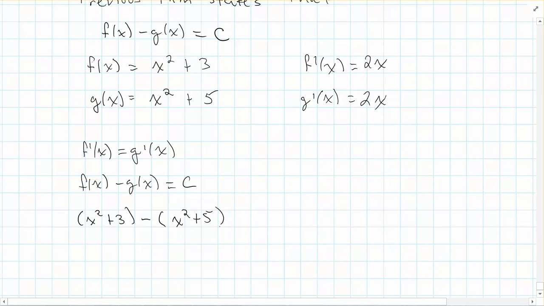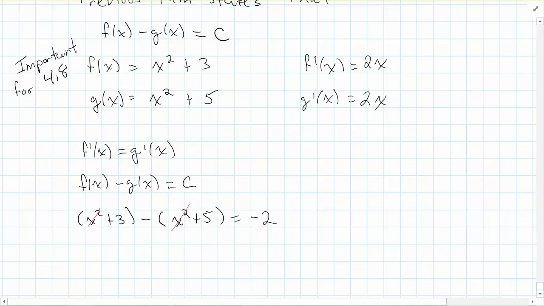Clearly, the x squareds cancel, and you're left with 3 minus 5, which is negative 2, which is a constant. So if we get the same derivative, the original functions can only differ by a constant. As I said, this is very important for section 4.8.